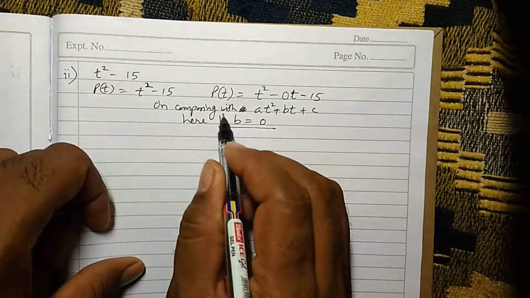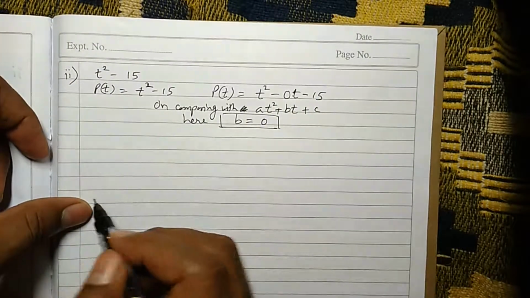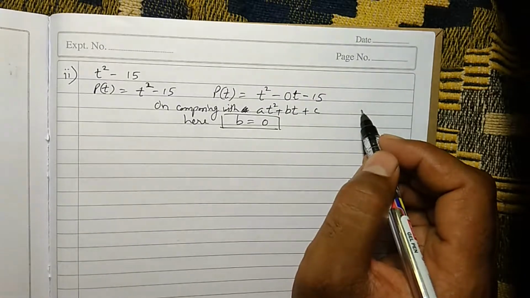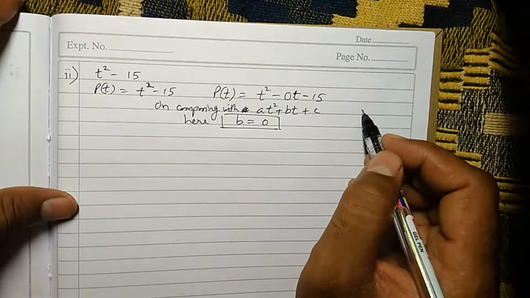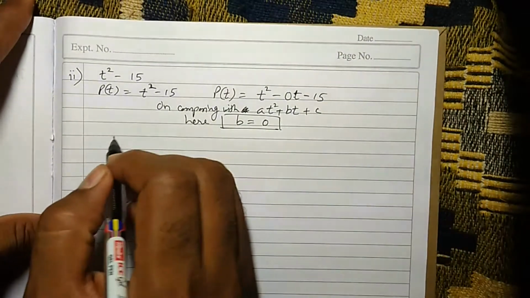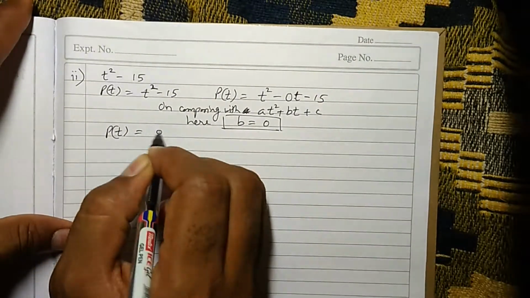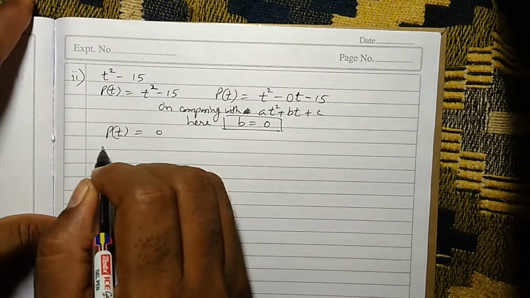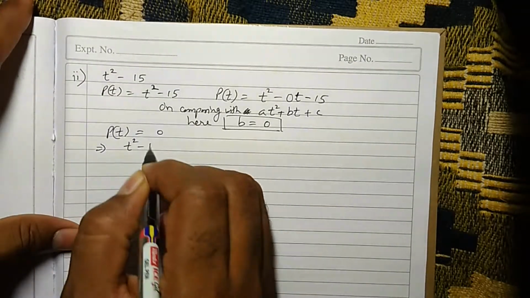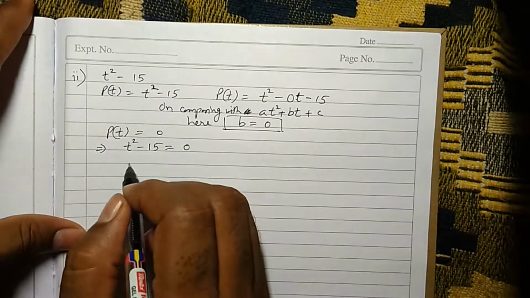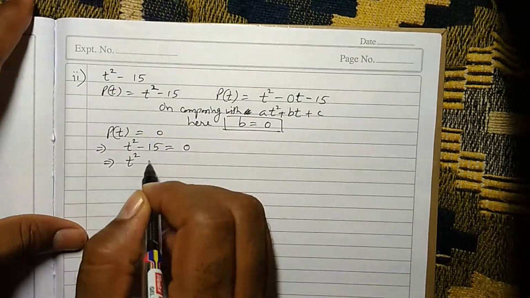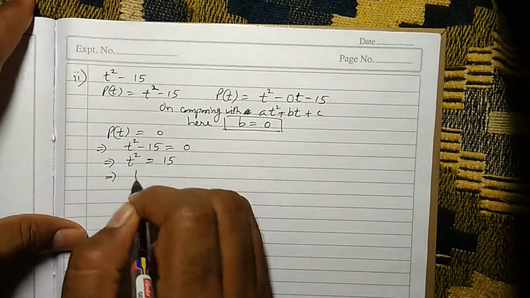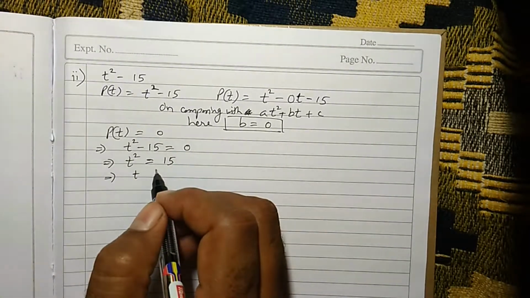So just note, this is a special case. Whenever b equal to 0, you need not find any ac and you do not need any factorization. What you have to do is just take p(t) equal to 0 directly and start solving it. So how will you solve it? Here you will get t square minus 15 equal to 0. Just send the constant term to the other side, that is the right hand side, and the variable on the left hand side.